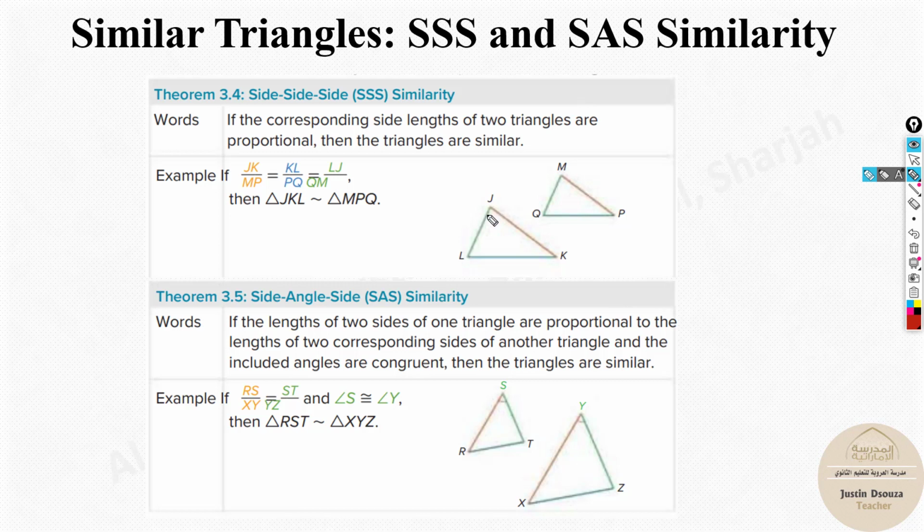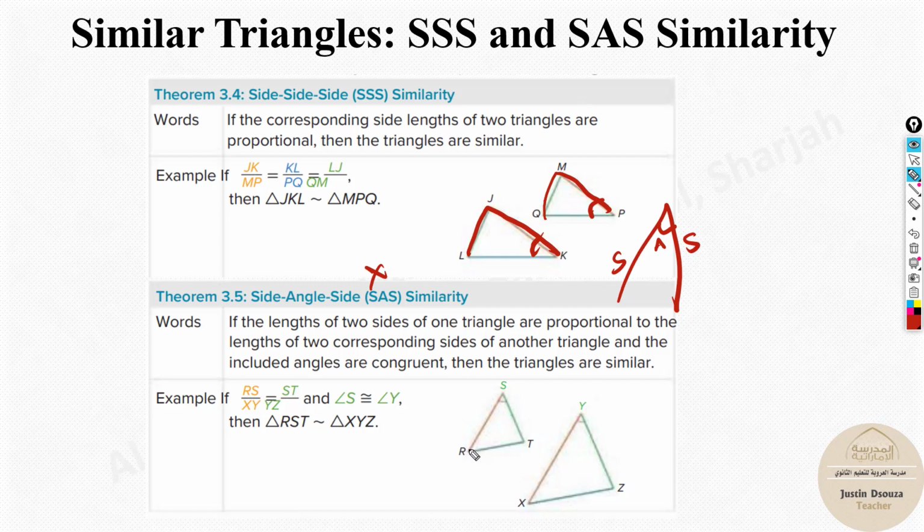If you have this side and this side equal, and this angle equal, this is not SAS. SAS requires the angle to be an included angle. What does it mean? If you have two sides, the included angle will be between those both: side, angle, side. This is crucial.